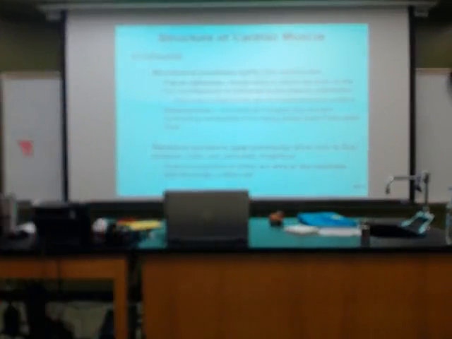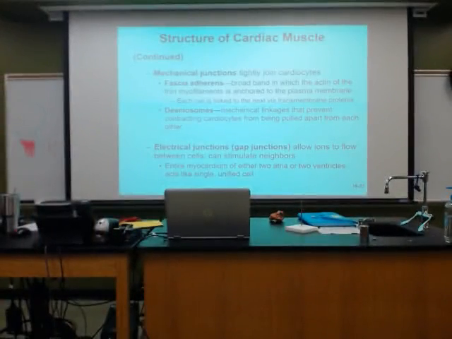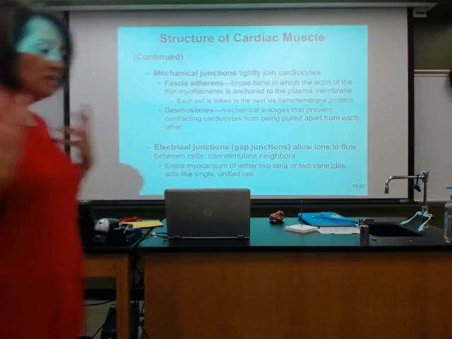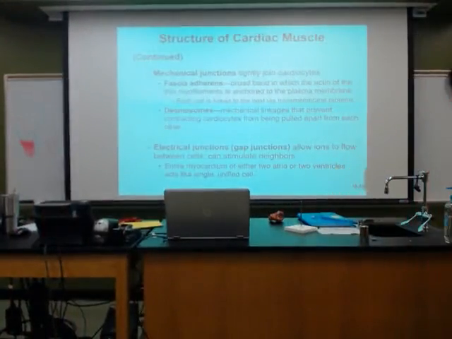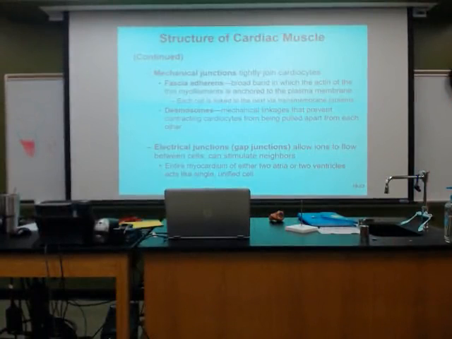With the cardiac muscle, we're dependent on one type, the mechanical junctions, all right? Because number one, even though it's individual cells working together, we can't have those cells break apart, okay? Mechanical, something working it.